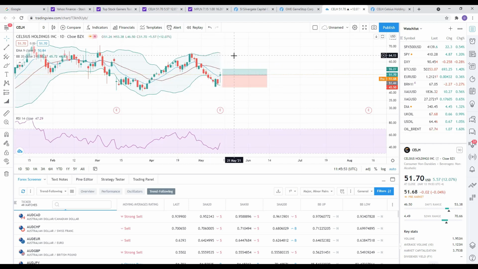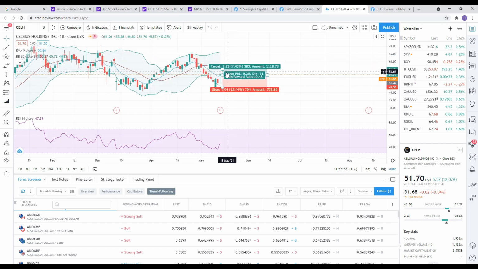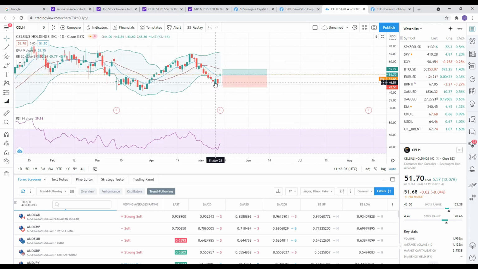So this is not a very good reward to risk ratio, in the sense that the potential reward is small and the potential loss is larger. If you want to position trade, meaning you buy and hold for a few days to a few weeks, this could be a good trade because we can wait for the price to go around here.